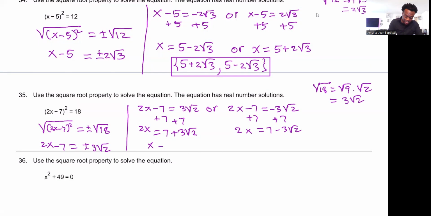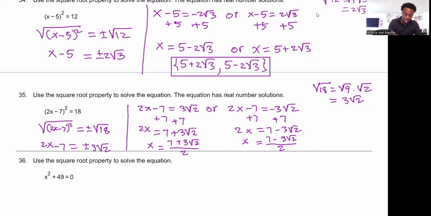And then we get x equals 7 plus 3 square root of 2 over 2. And then the other one is x equals 7 minus 3 square root of 2 over 2.